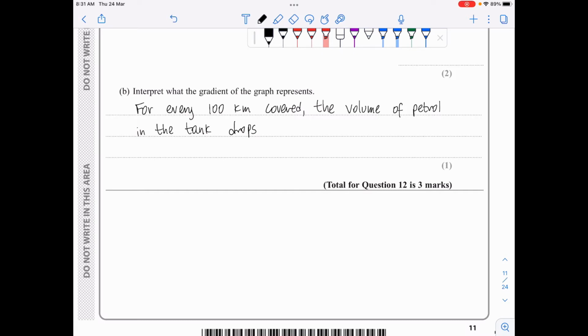It's this decrease, the negative gradient, that's the drop. And for every 100 we go to the right, we go 9 down. So for every 100 kilometers covered, the volume will go down by 9 liters.